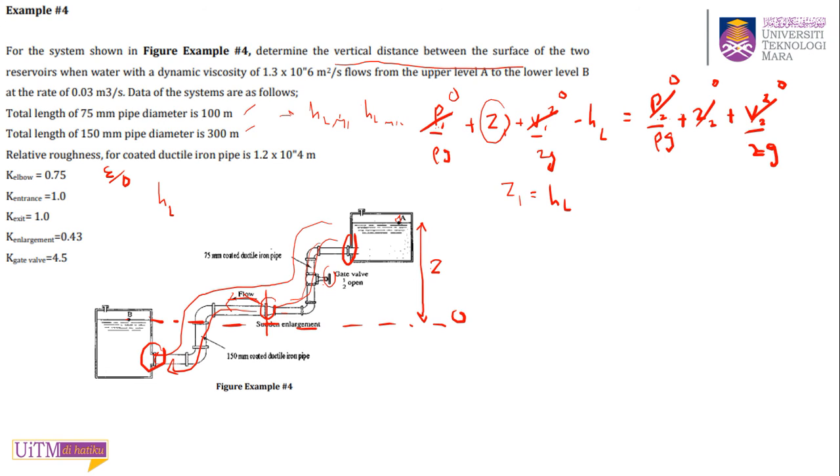Your answer is highly likely to be different from your friend's, because your F will be different, since you draw the line on your Moody chart and you will get a different value for F. A very high chance of getting a very different value for F. So that's fine, don't worry. If you compare your answer with your friend and get a different answer, just make sure the difference is not too big. If it is roughly close, that means it is correct.